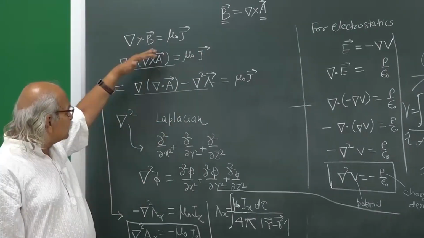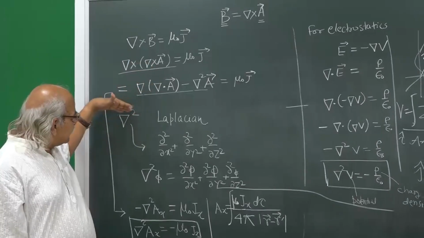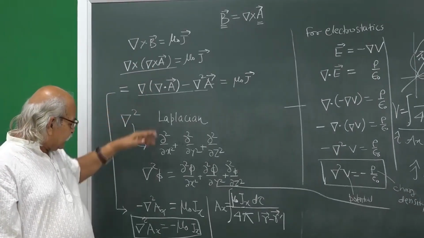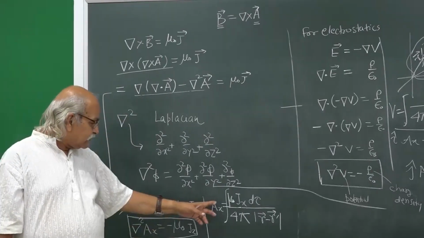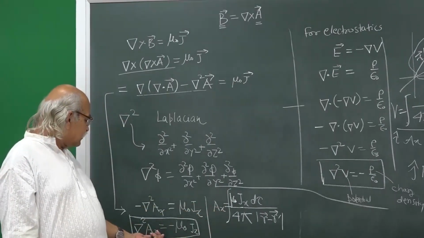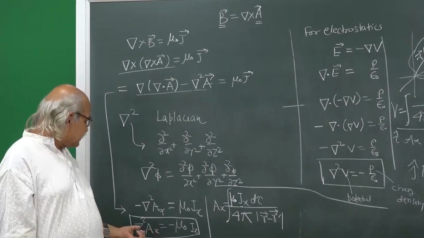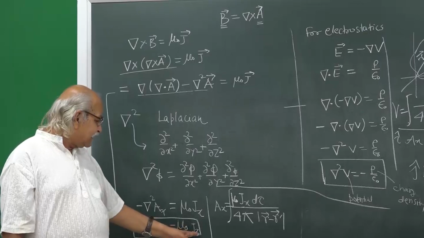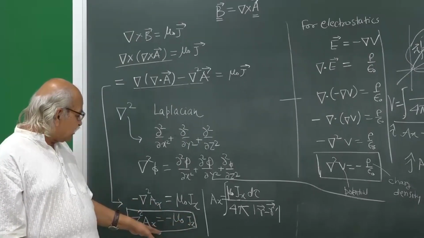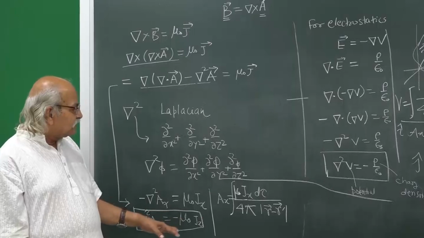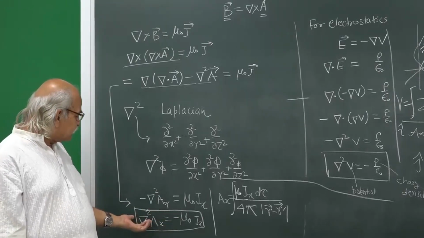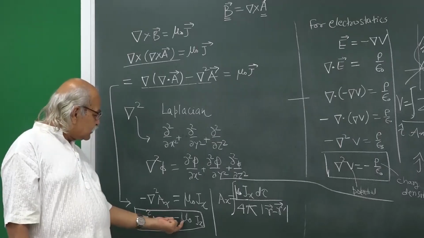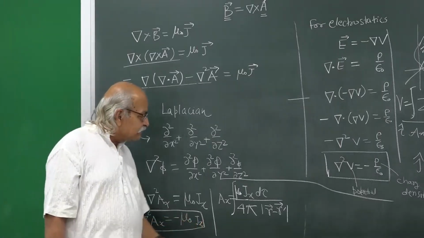And for that we showed that this del square operator, which we call Laplacian, and this Ax, Ay, Az, they follow this Laplacian equation, that is del square of Ax will be minus mu naught Jx, and similarly for y component and z component.